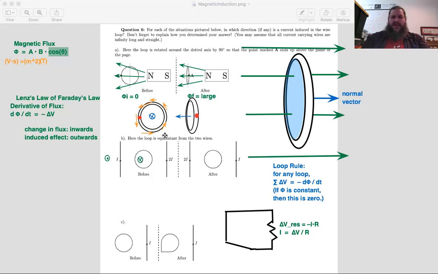But it's also to the left of the right wire. So what would be the magnetic field on the left side of the right wire? Out of the page? Right, that'll be outwards. And would it be stronger or weaker or the same? Stronger. Yeah. Because we got twice as much current, that should create twice as much magnetic field.